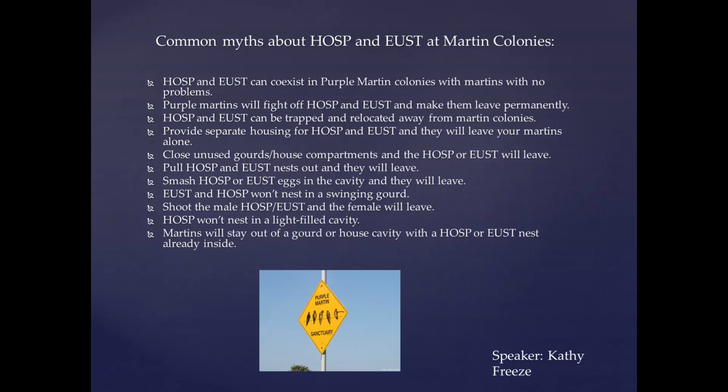So they will not stay out of there. They will die trying to claim a gourd or a house cavity. So don't count on that. This is why I hate trapping once purple martins are here, and I do all my trapping beforehand, because I can't count on a purple martin staying out of a house sparrow or starling nest. So no, they won't stay out of their nest.